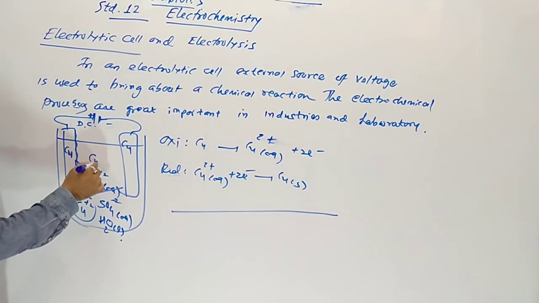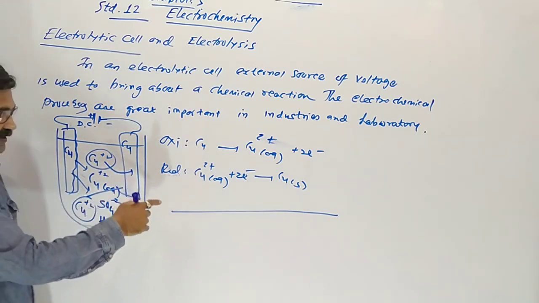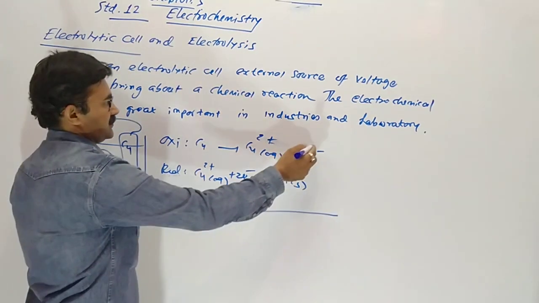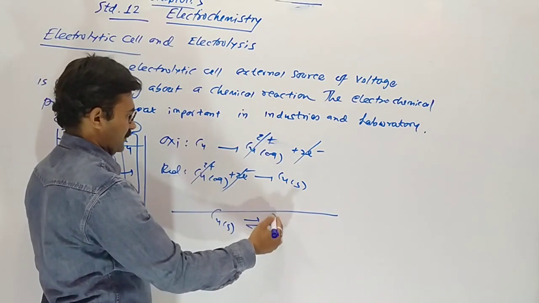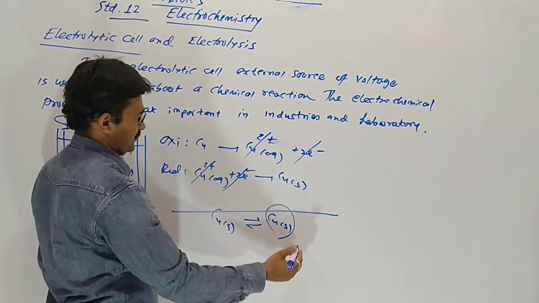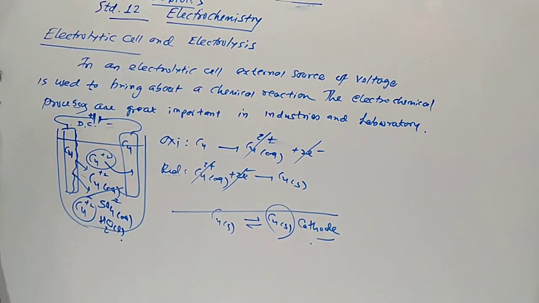Corroded copper metal converts into Cu+2 ion. This Cu+2 ion moves toward the cathode. So we get pure copper at the cathode.